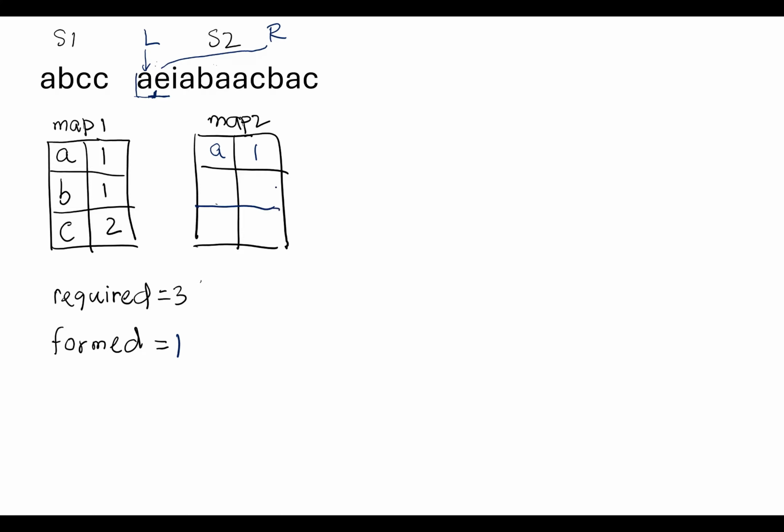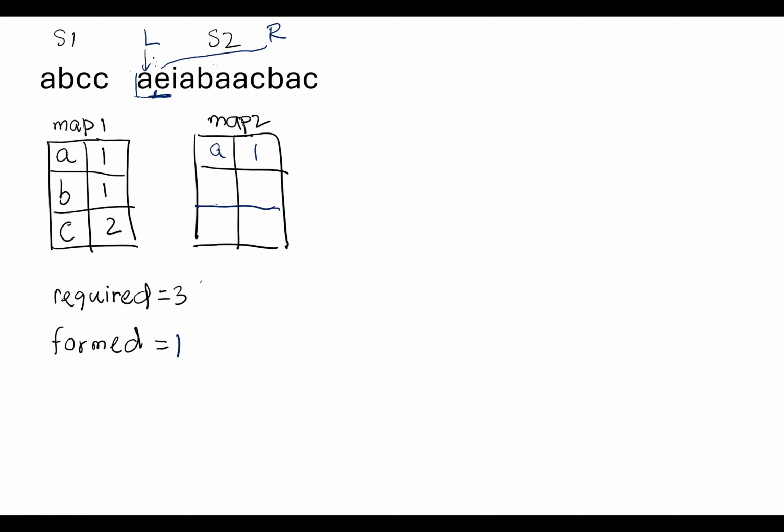Because we cannot simply have an invalid character in our window. The window that we're looking for is going to be a substring, so everything inside that window has to be a character which is already in S1, right? If I find a character which is not in S1, we can immediately say, hey, this window is not going to work.